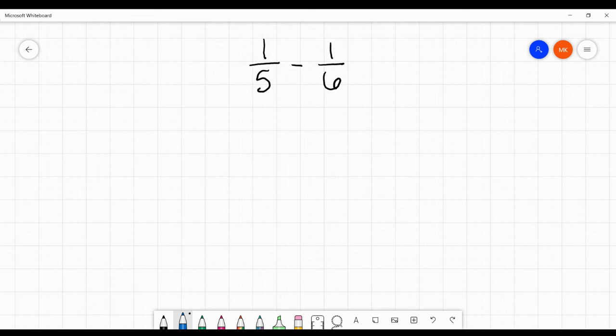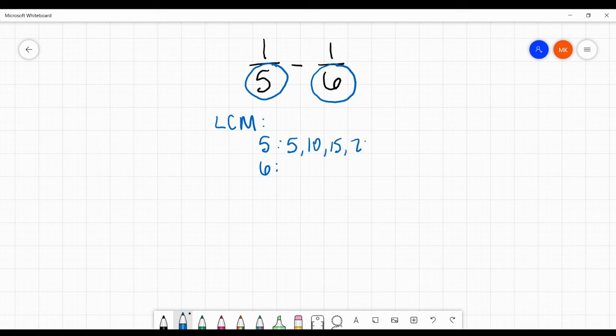Welcome back. Hopefully you notice that you have two unlike denominators. So we need to find our least common multiple, or our LCM, of 5 and of 6. When I count by 5s, I get 5, 10, 15, 20, 25, 30, and so on. When I count by 6, 6, 12, 18, 24, 30.